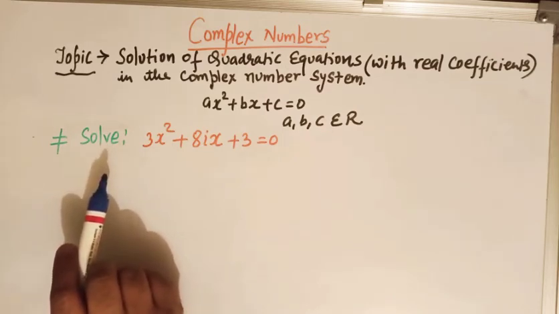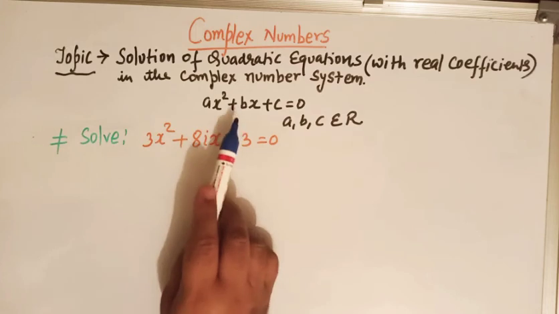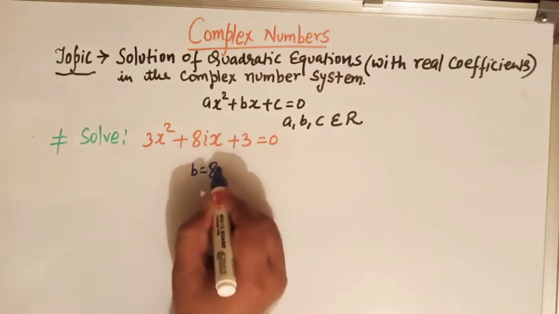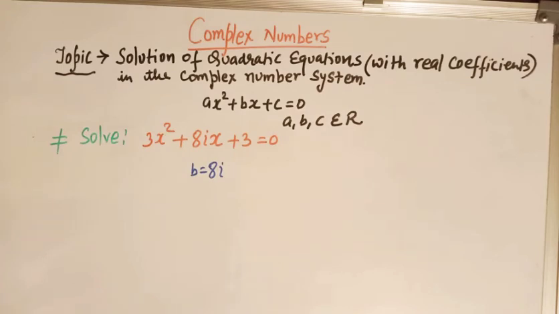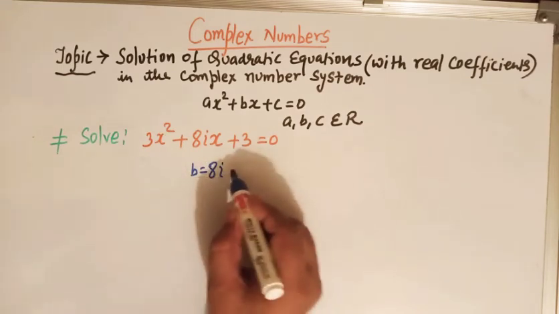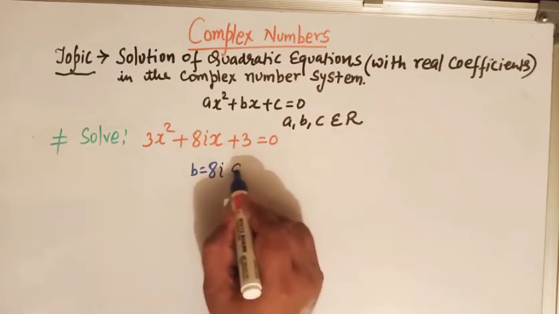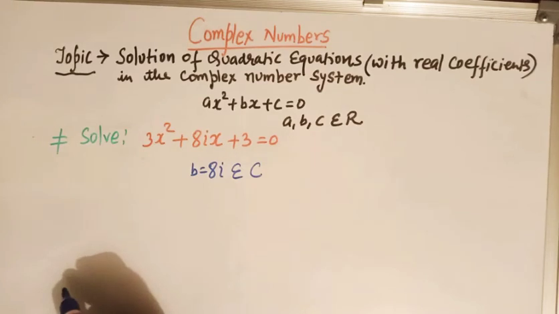Now viewers, I am taking one more important quadratic equation, and the special thing about this quadratic equation is that the value of b here is 8i or 8 iota, and this coefficient b belongs to the set of complex numbers.